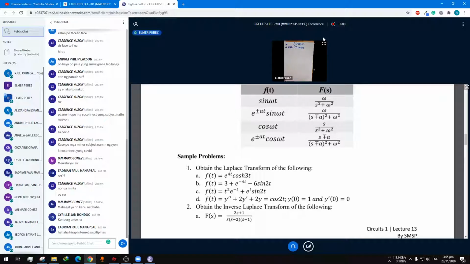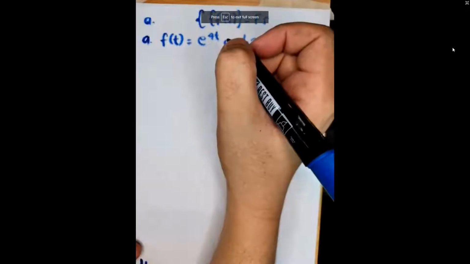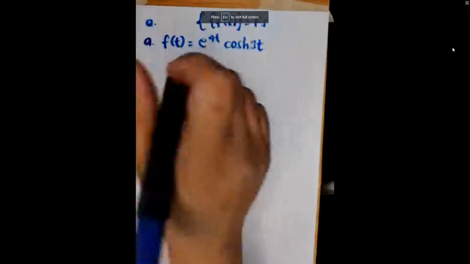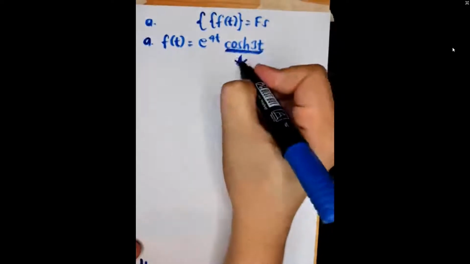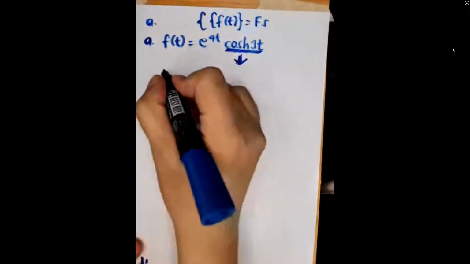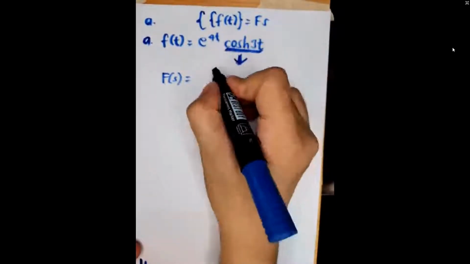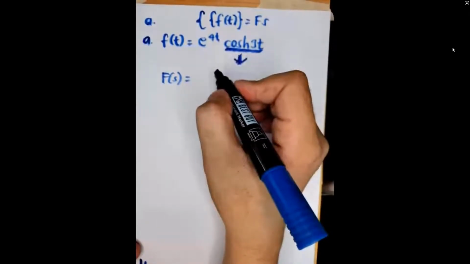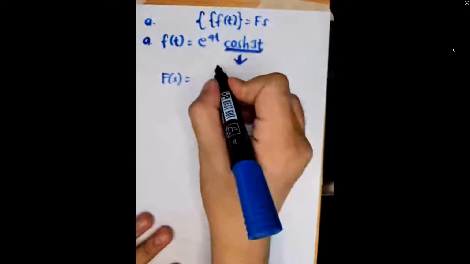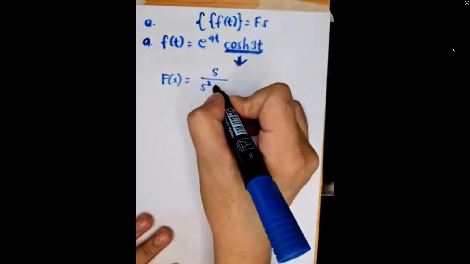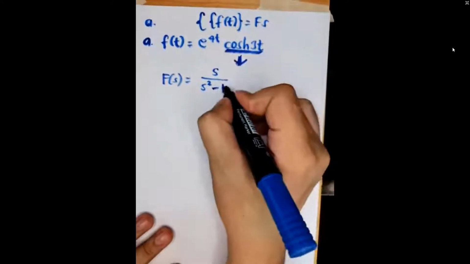So, if you can see this one, yung e raised to a t times hyperbolic cosine of wt. Ayan. So, ang focus muna natin is yung cosine hyperbolic. So, ano ba yung transform function ng hyperbolic cosine? So, yung f of s niyan ay s over s squared minus k squared.